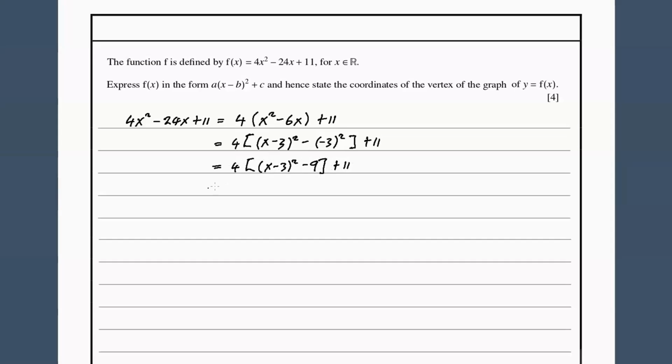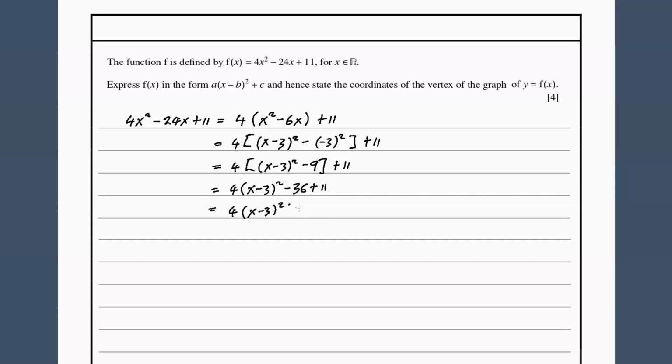Now I'm applying 4 into the bracket, so it's 4 of x minus 3 squared minus 4 times 9, 36, and it's plus 11.